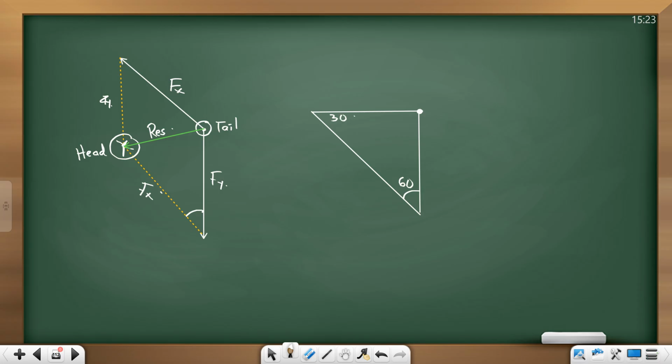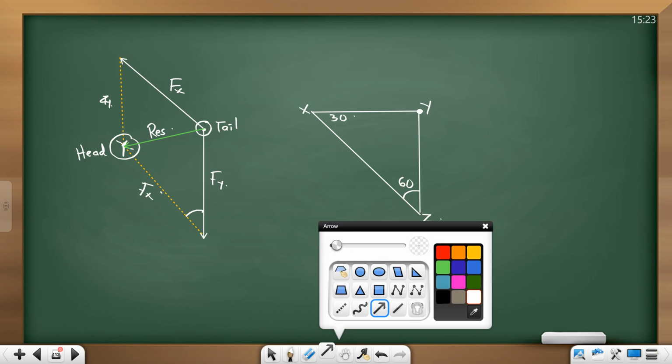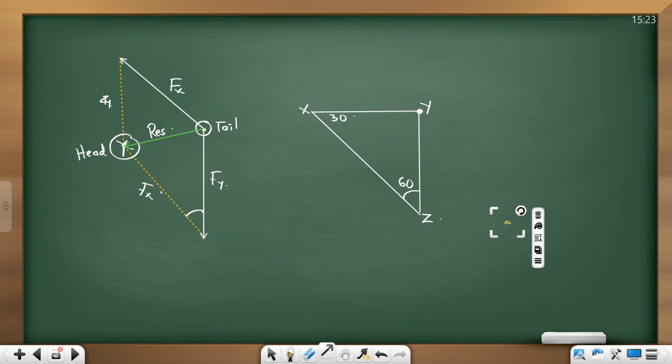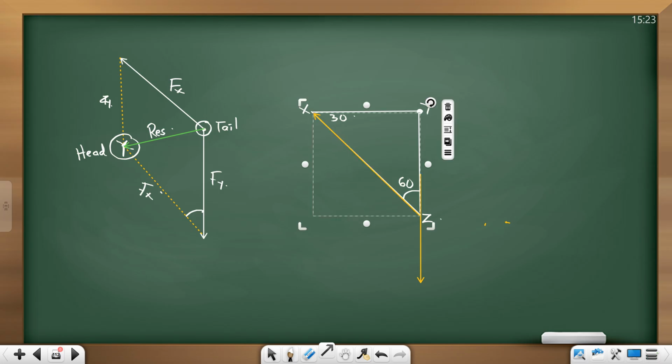And this is what? 30. X, Y, and Z. So when we drew this, I'm going to draw with different colors now, we drew it downwards, right? And then we drew this one that way. Make sense? So we are all conversant with the angles.